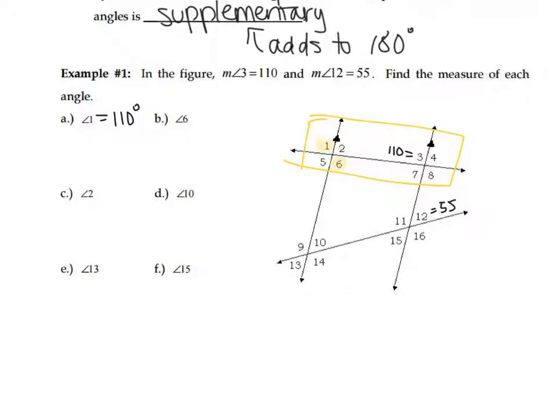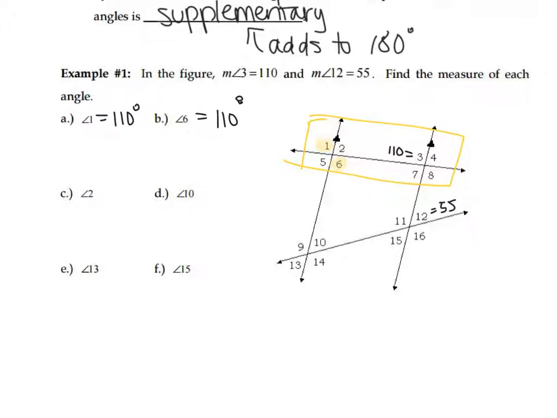In order to use corresponding angles, I'd have to know the measure of angle 8, which I don't, which leaves us with alternate interior angles. And the alternate interior angle to 6 is 3, which again we were given, so we know angle 6 and angle 3 are congruent, so angle 6 also has a measure of 110 degrees.